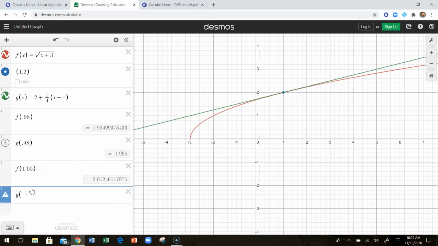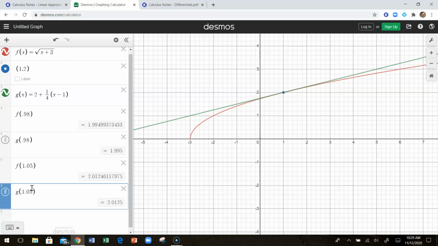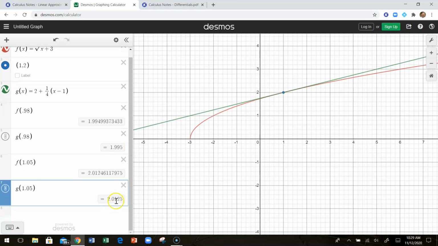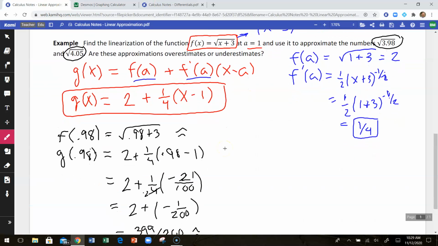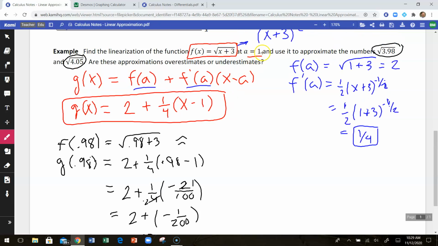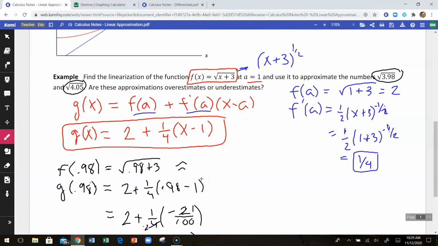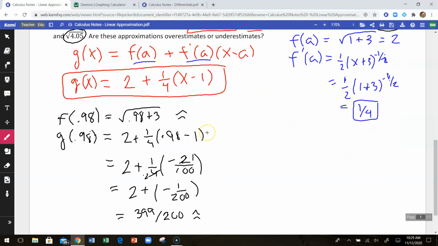If I use my linearization function instead, and I worked through that, I would get something that is very close to what the actual value is there. So again, you are finding a linear function that if you plug in an x value close to the a value, it will give you an answer that is close to what the actual y value is.